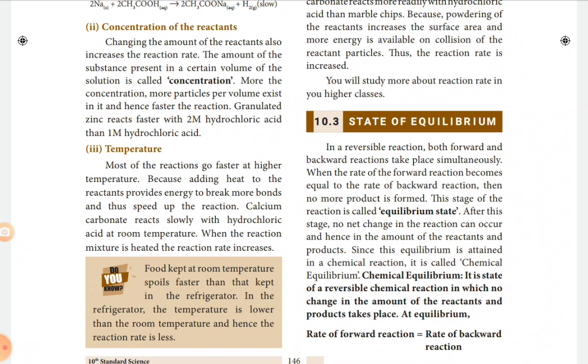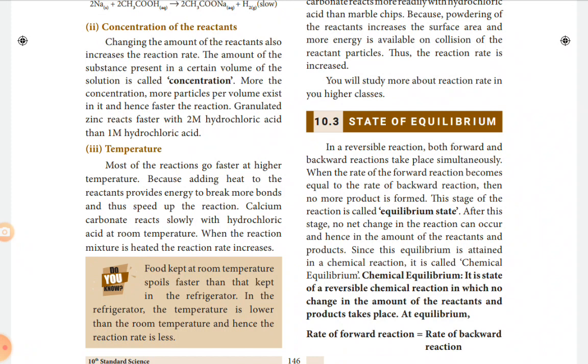Granulated zinc means fine particles of zinc. That m refers to the unit to measure the concentration. The m refers to molality, that is the number of moles of solute in 1000 gram of solvent.